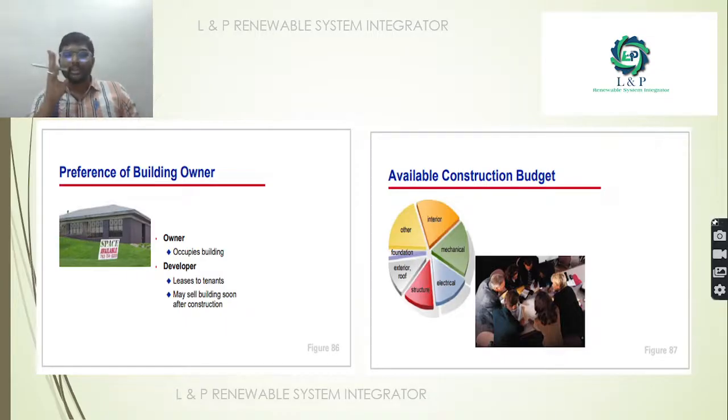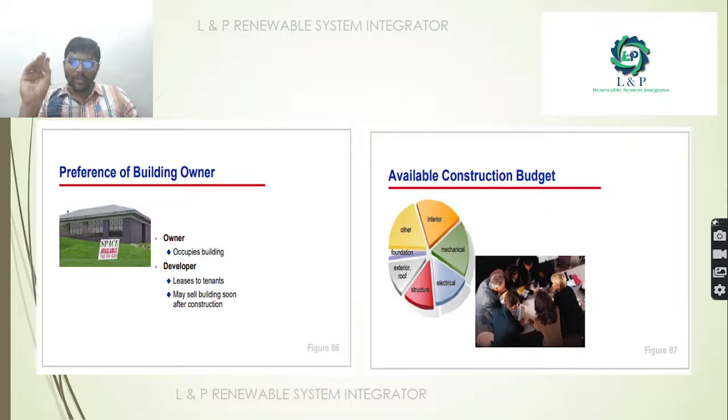So most importantly, if you are trying to construct a building or making any sort of HVAC support, the most important preference that you need to give is to the business owner. Second will be the developer. And most importantly, the available construction cost budget will be considered when you plan any HVAC equipment installation.